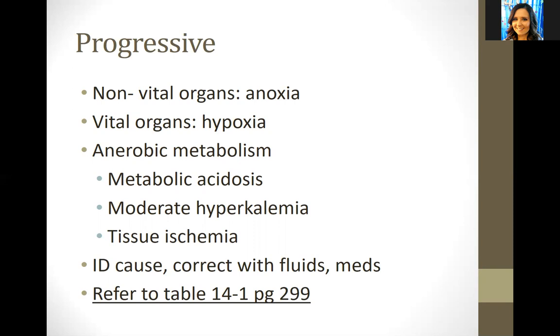Our organs and tissues aren't being perfused, so we need to give fluids, so optimize intravascular volume. We also need to improve the competence of that vascular system. Maybe our vessels are dilated and floppy because we have no sympathetic tone. Well, let's give them a medication to constrict those vessels. So a vasopressor or vasoconstrictor.